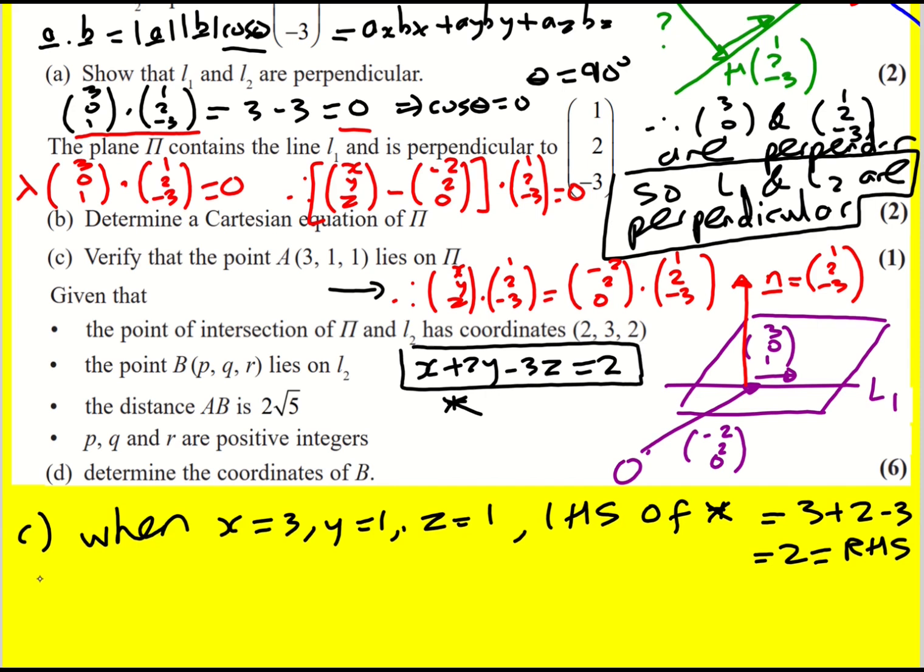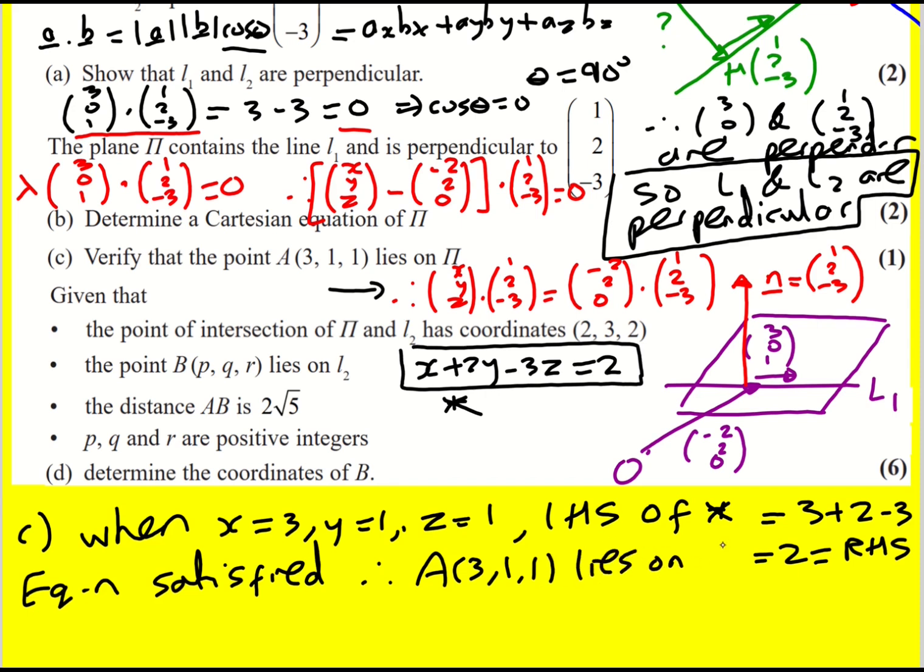So equation satisfied, and therefore A (3, 1, 1) lies on pi.